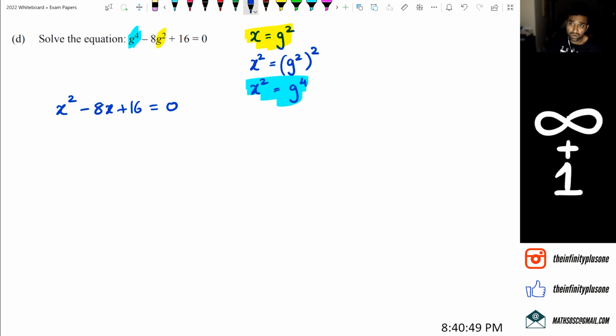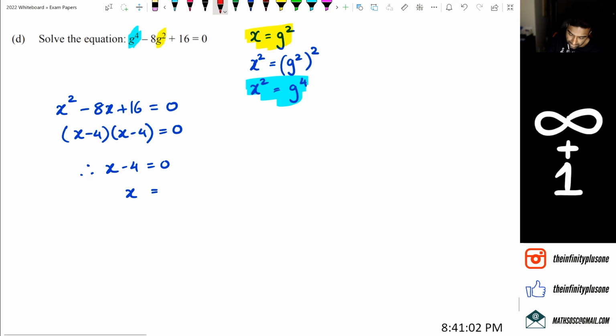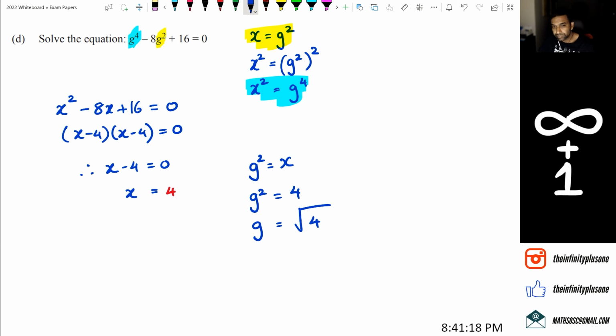Now we know how to solve this, because this one is like x minus 4 equals 0, and therefore x minus 4 is equal to 0, and we can say that x is equal to positive 4. However, we need to figure out what g is. Because we know that g squared is equal to x, we can say that g squared is equal to 4, which means g is equal to the square root of 4.